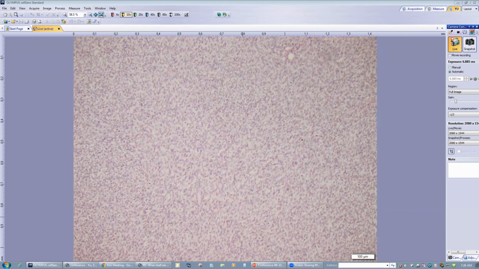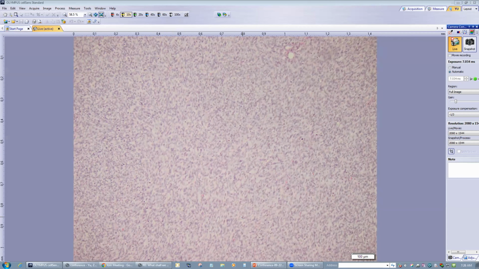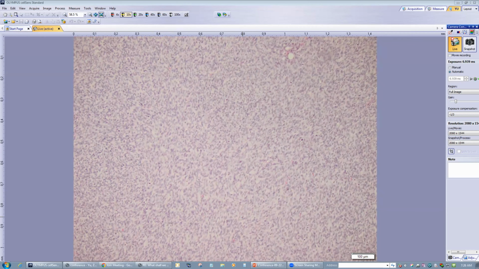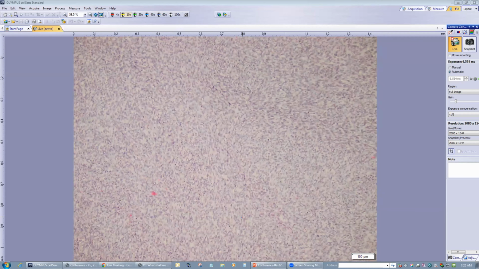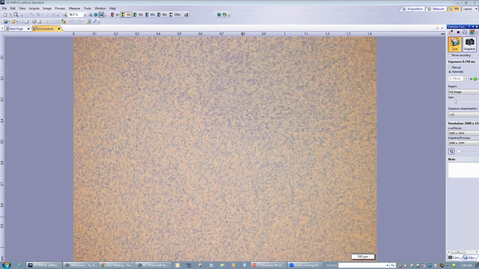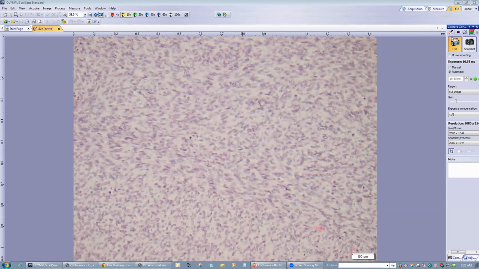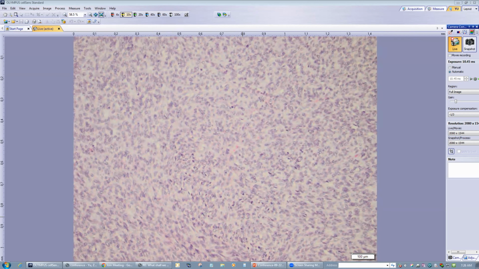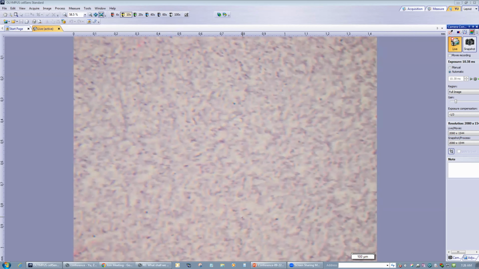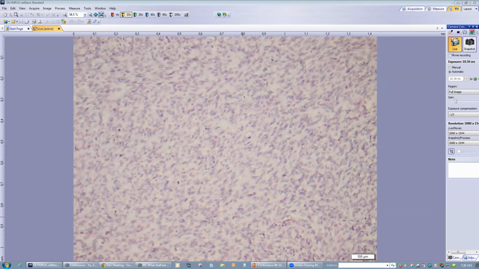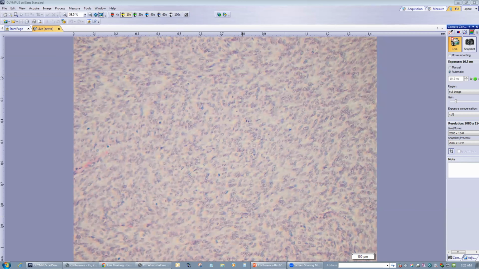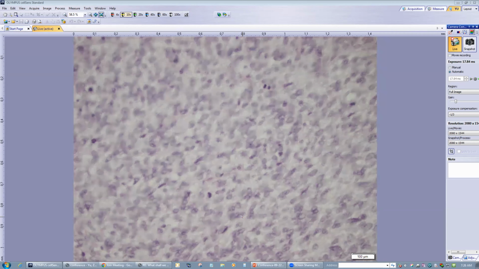From low power, you can get the feeling the cellularity is higher than the previous one. Again, spindle cells, and there is some nuclear overlap. Look at the mitosis. It was slightly more than the last one.